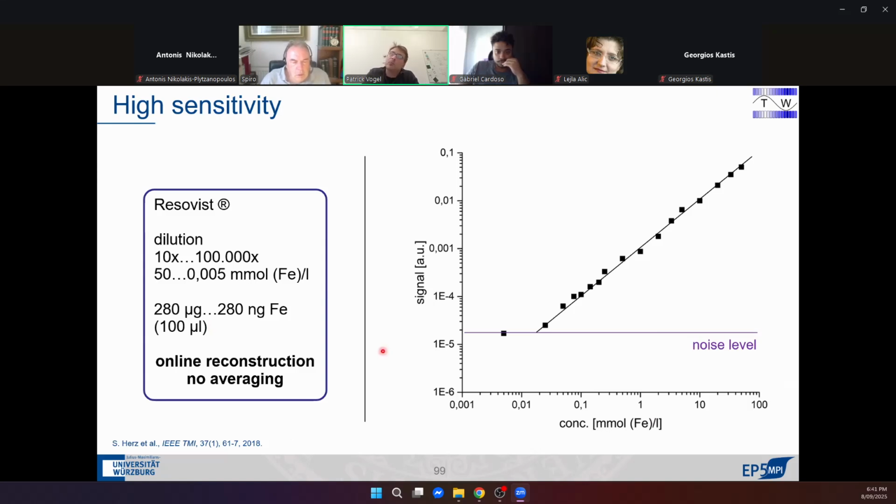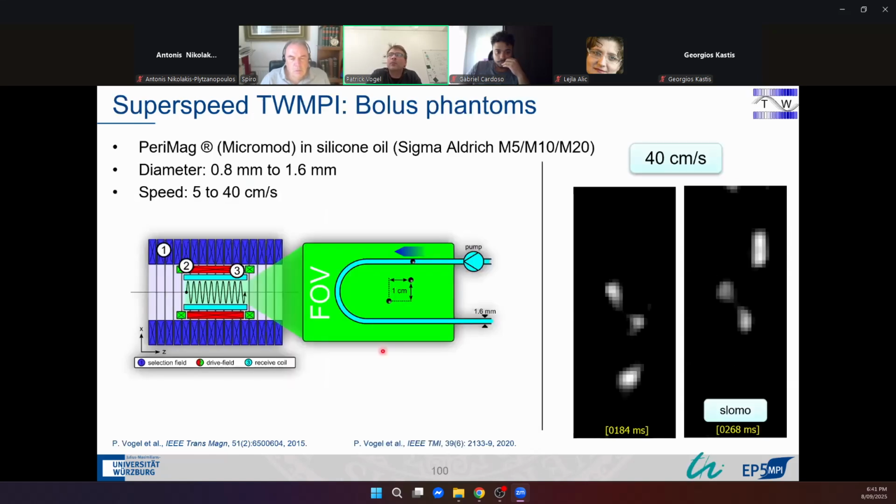It's quite an old one, from 2018, but it has quite a good sensitivity. Also, for the online reconstruction, you can see on the right side that at 40 centimeters per second we shoot a bolus through the scanner, and all the reconstruction processes work quite well.